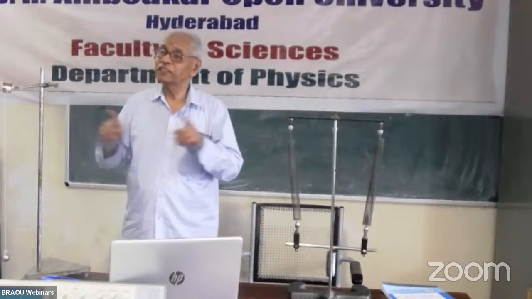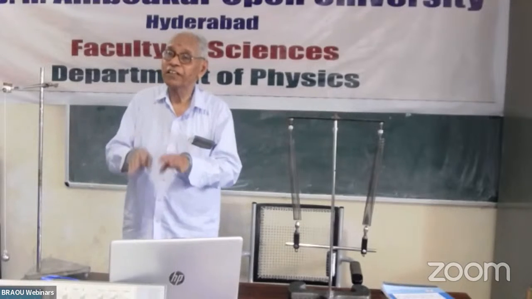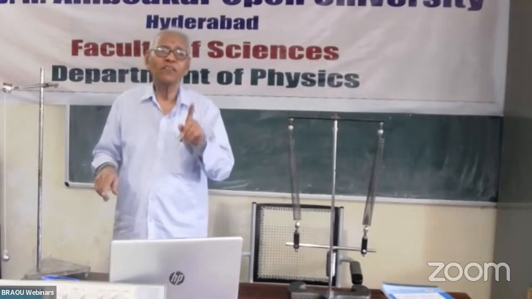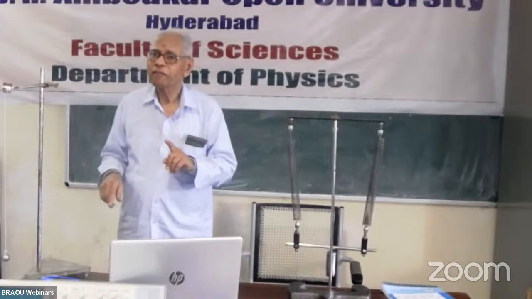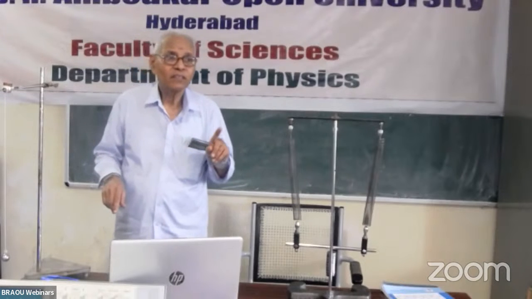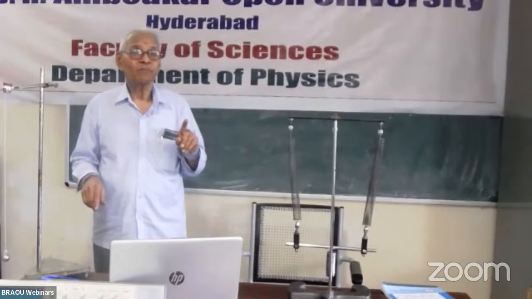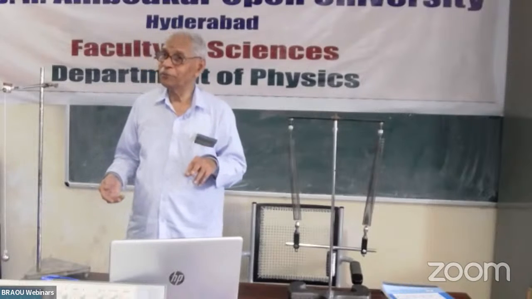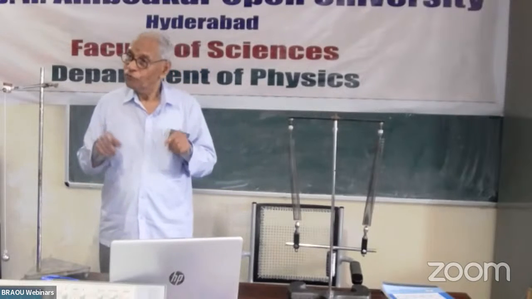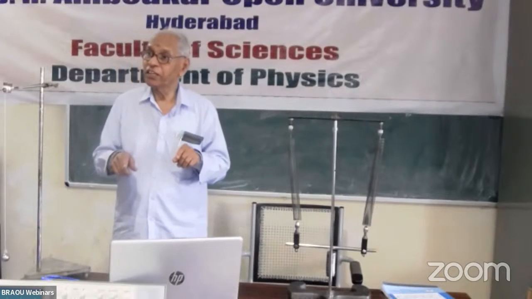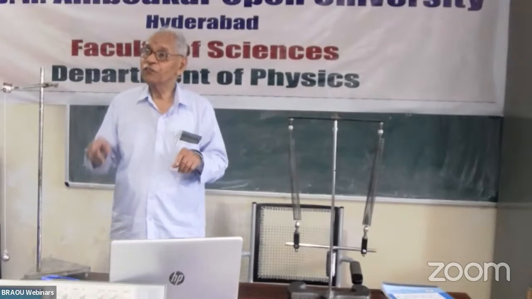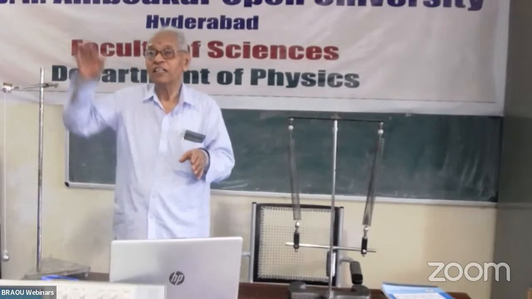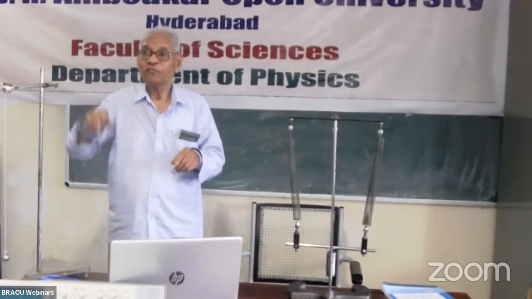So between 4,000 and 7,000, you have 5,500 angstrom units. 5,500 multiplied by, what is 1 angstrom unit? 10 to the power of minus 8 centimeters. So 5.5 into 10 to the power of minus 5 centimeters.